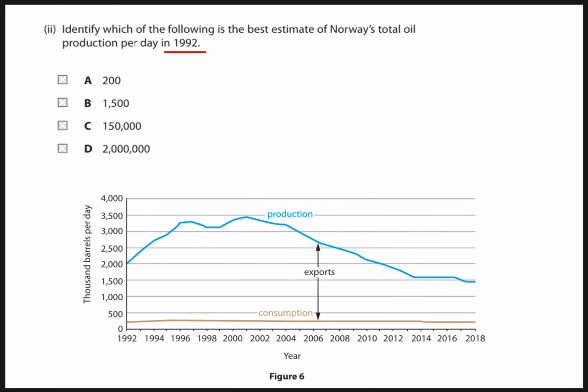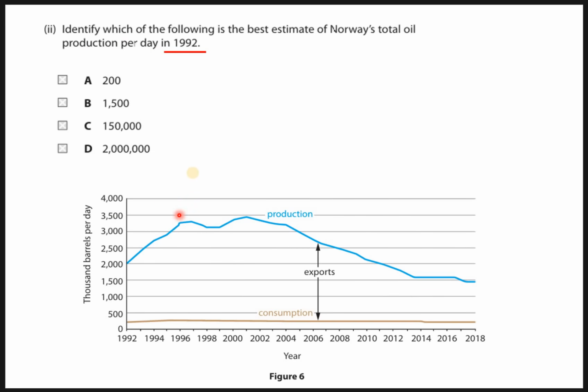Next question. Identify which of the following is the best estimate of Norway's total oil production in 1992. Now, what I've done there, whenever I see a date, I've underlined that. I need to know what I'm looking at. So 1992. Now, it's a multiple choice question, so no need to overcomplicate things.